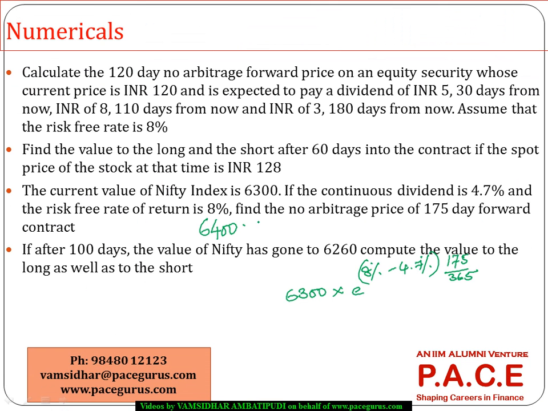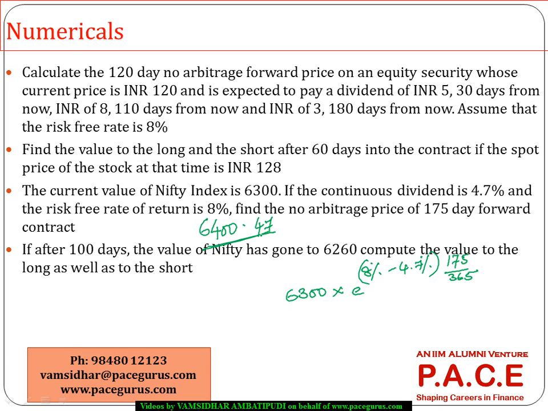forward contract price, which means if both the parties enter into the equity index forward at 6,400.47, it's not going to create any kind of profit or loss to any one party on day 0.